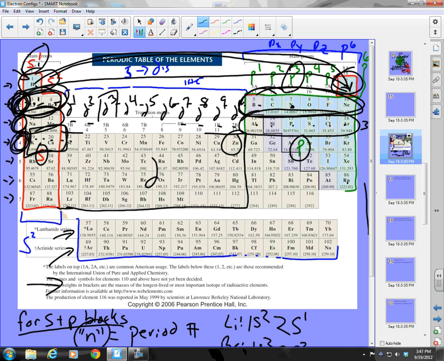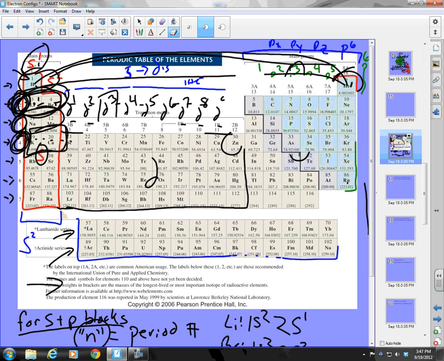And zinc is a D10, right? Let's go back and put my P block back into place. Oops, not helium. Helium is part of the S block. There we go.